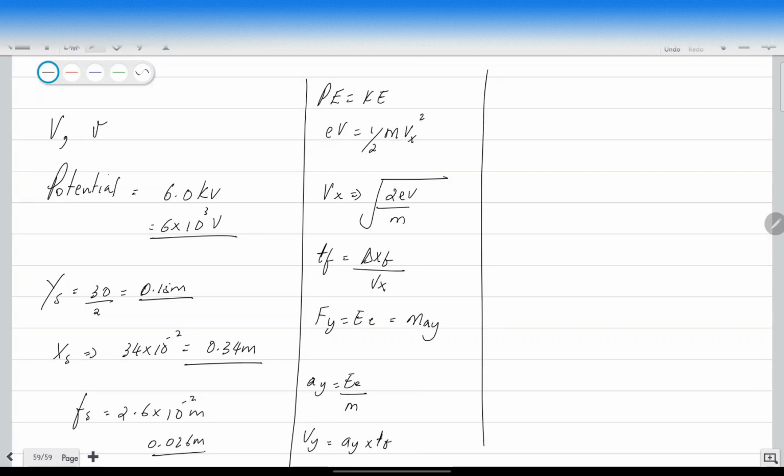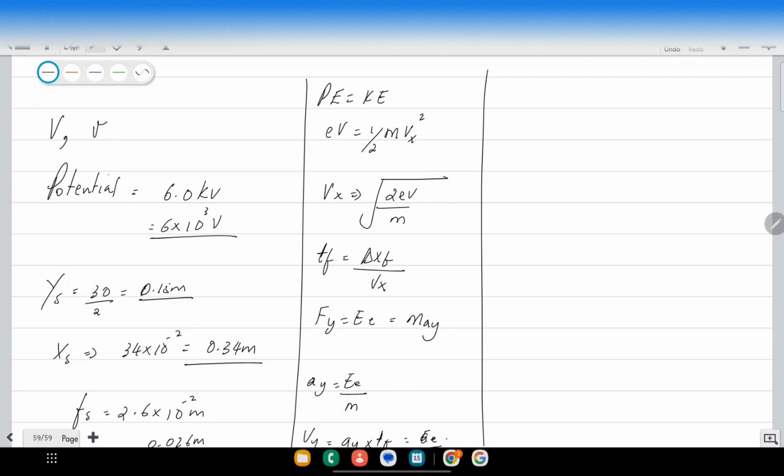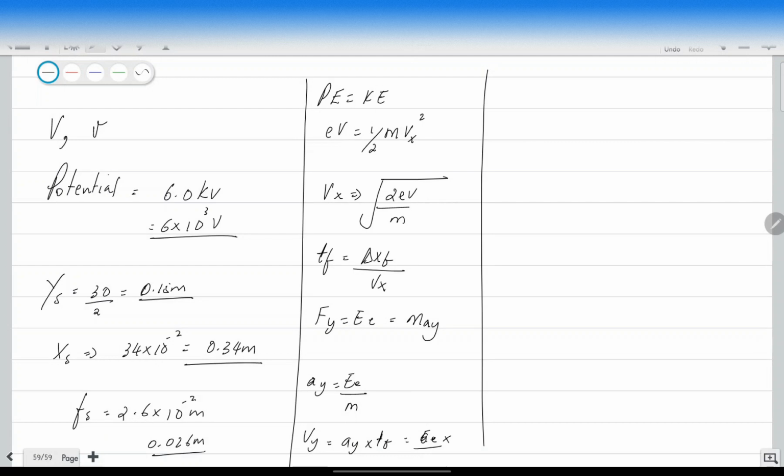So if you substitute these values, we're going to get that as eE for the electron over m multiplied by delta xf over Vx.